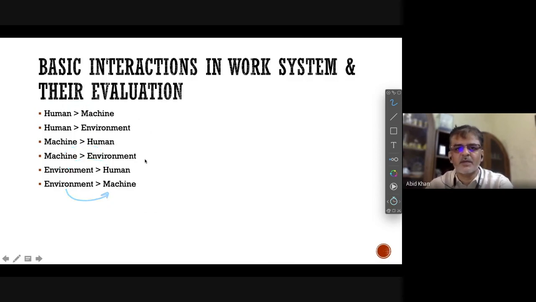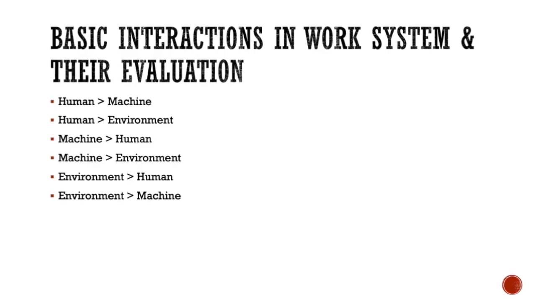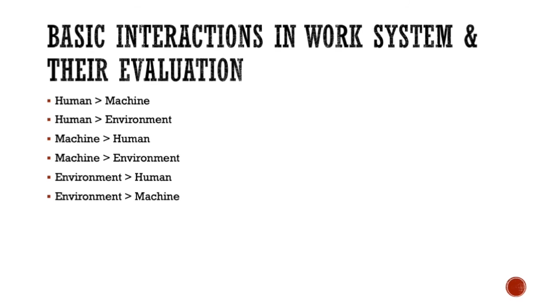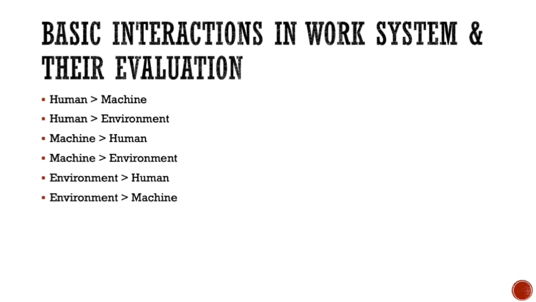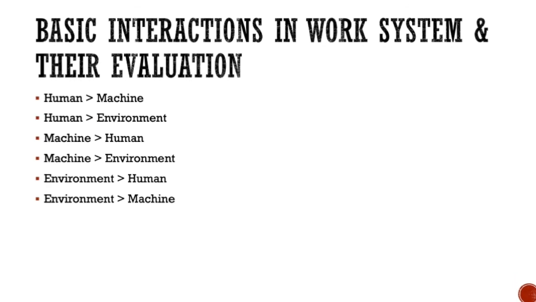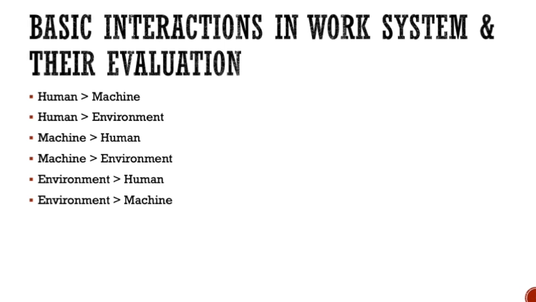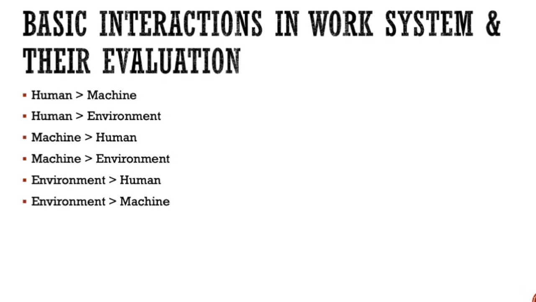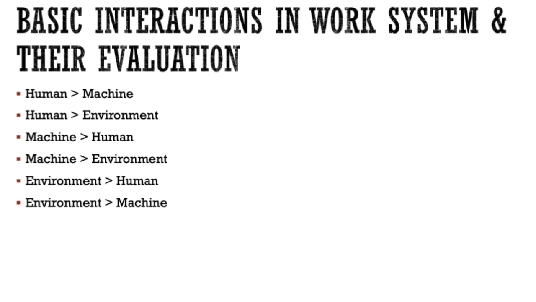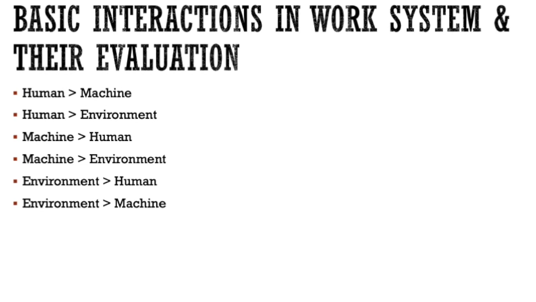Based on this interaction, we have to learn the difficulties, the errors, and the discomfort, and then we try to improve the task design. I think we are very close to 10:30. From the next one onwards, I will start from this point.